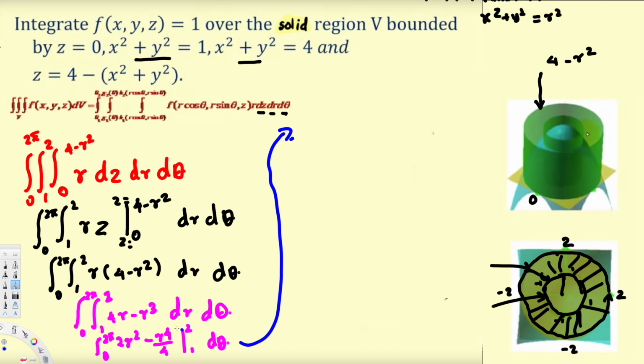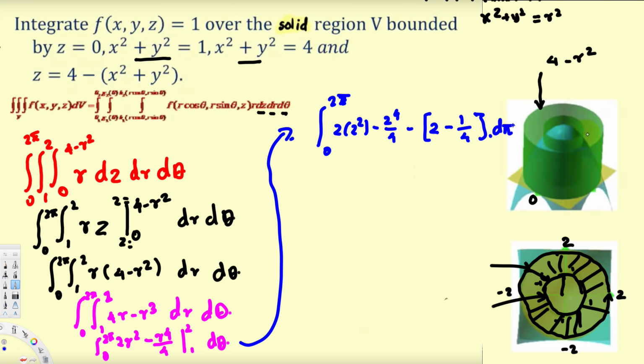Now first we are going to place 2, and if we place 2, this is going to become 2 times 2 square minus 2 power 4 divided by 4 minus 2 times 1 square, that's going to be 2, minus 1 power 4 divided by 4, that's going to be just 1 over 4. Okay, now we place this 2 and 1. After that we are going to integrate with respect to theta, 0 to 2 pi d theta.